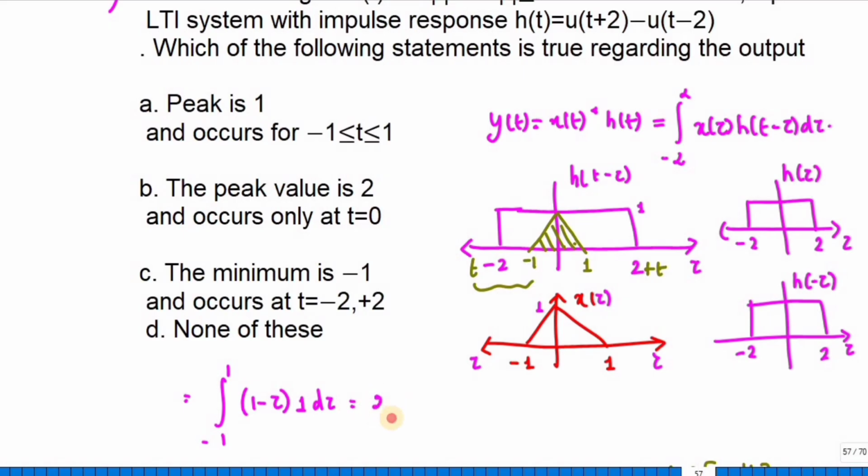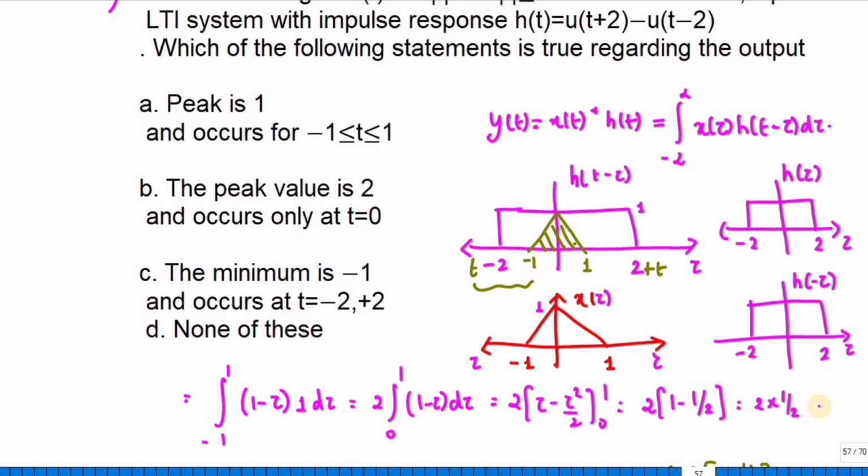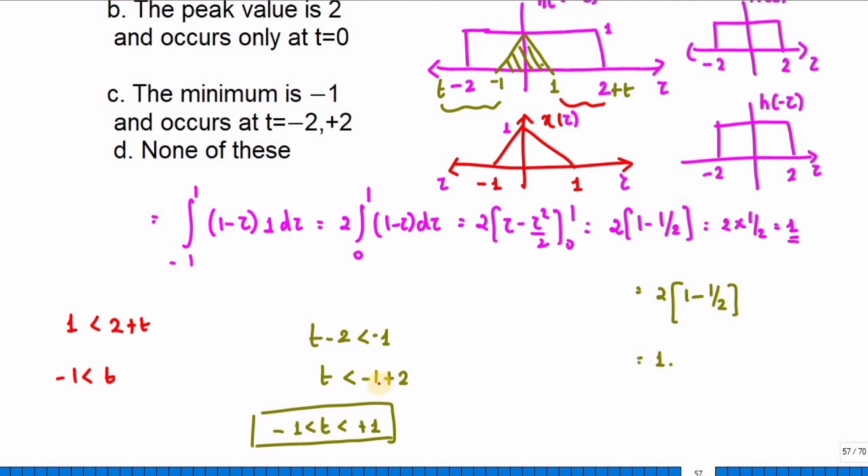Written as 2 times the integral from 0 to 1 of (1 - tau) d tau, integrating gives tau - tau squared by 2, from 0 to 1. Substituting 1 for tau, I get 2 into 1 by 2, so the value is 1. So the peak value is 1 and the limit is minus 1 to 1.